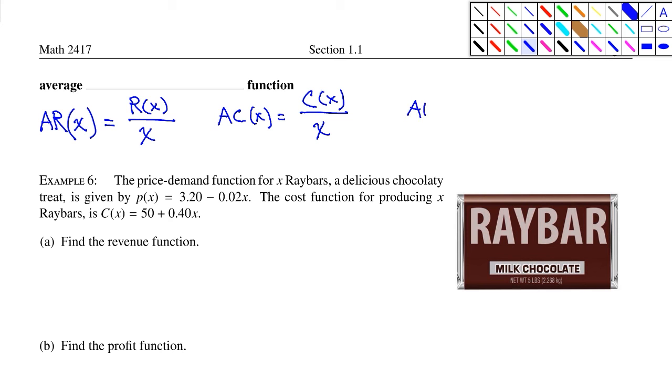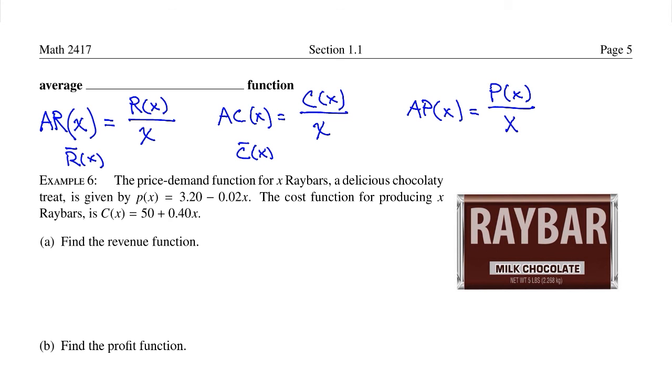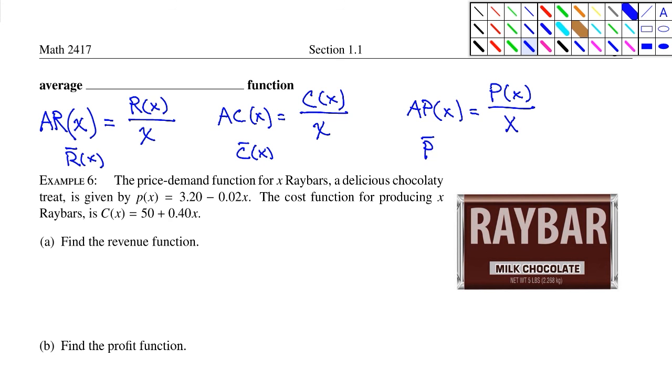And average profit is the profit divided by X as well. So some places use AP, other places use the bar notation. So you could have R bar of X, C bar of X, and P bar of X. So if you're looking at other resources, you might see that notation as well. Either one works for me.